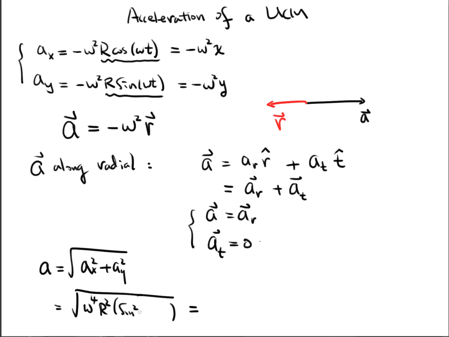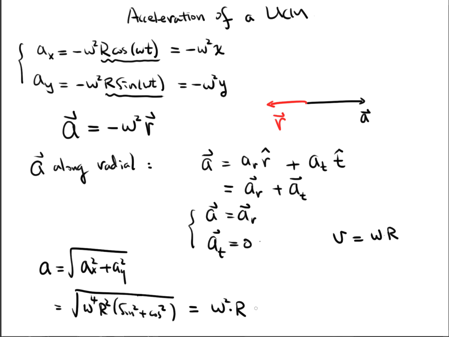Sine squared plus cosine squared equals 1. So that gives us omega squared times r. That's the magnitude of the acceleration. And we also know that tangential velocity and angular velocity have this relation, v equals omega times r.